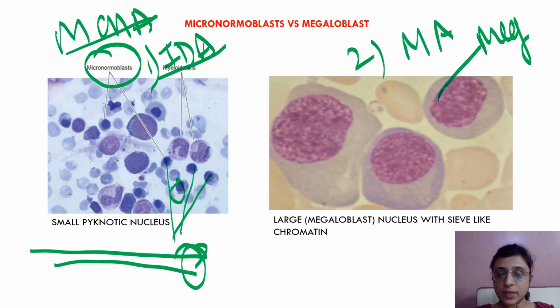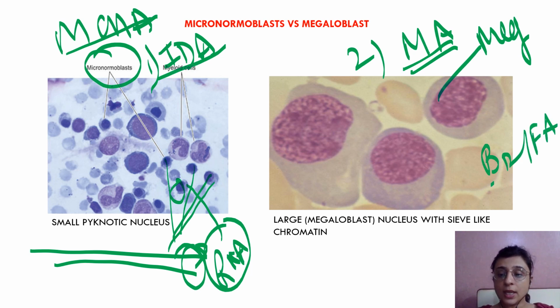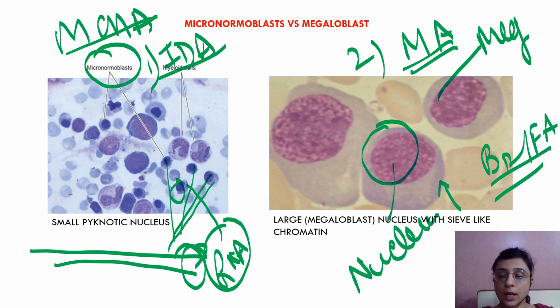There is no white space, you can see a completely basophilic nucleus, but the cytoplasm maturation is not able to take place because for that you require iron, and thus cytoplasmic basophilia along with fraying of cytoplasmic border can be seen. Whereas in megaloblastic anemia, due to B12 and folic acid deficiency, the nuclear maturation does not occur. The size of the nucleus is quite large along with open sieve like chromatin.